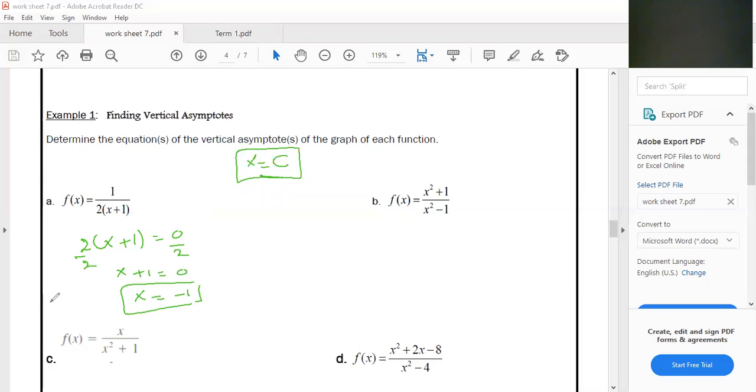Here, f of x has a vertical asymptote at x equals negative 1. Some of you asked me today, Miss, where is 2? I divide both sides of the equation by 2 to cancel.